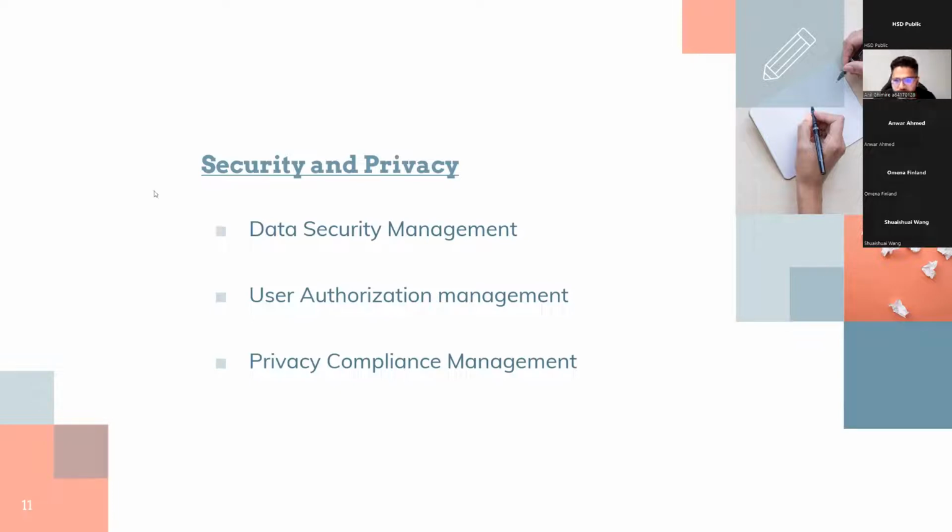When we have enormous, huge health data, there is a concern of security and privacy, right? So HUAWEI takes care of the data security because it has taken care of all the data that is flowing through its ecosystem. So data security is managed. And about the user authorization, the user has the power to control the data flow.